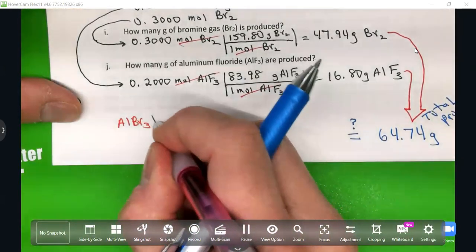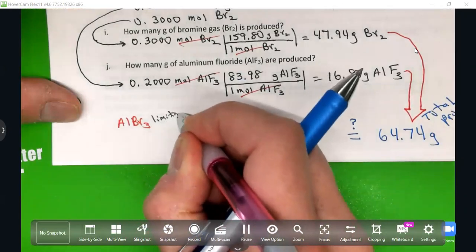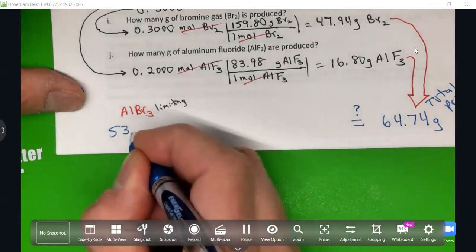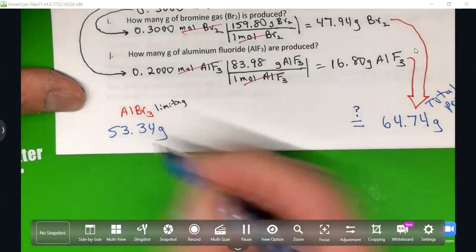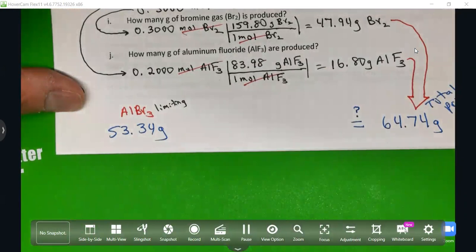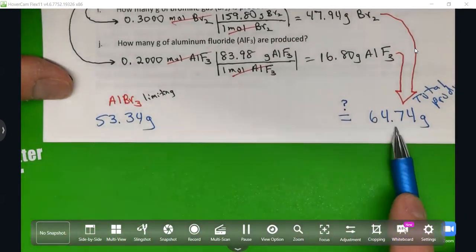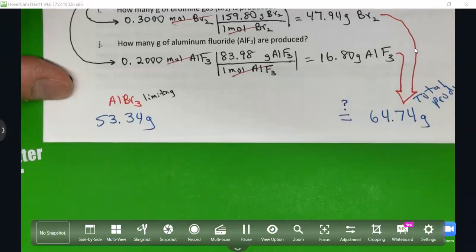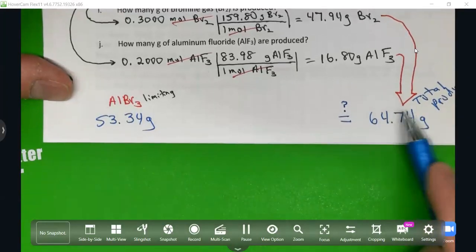This was our limiting, right? 53.34 grams reacted. That goes into the 64.74 for sure. If it's gone on the reactant side, it's produced as a product, and this is the total product.